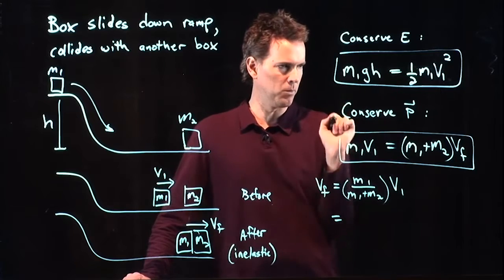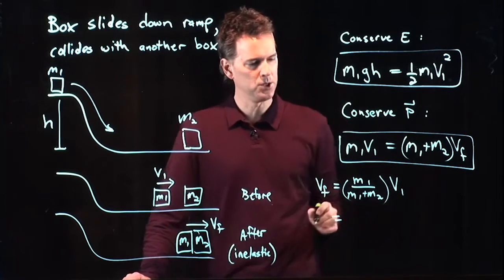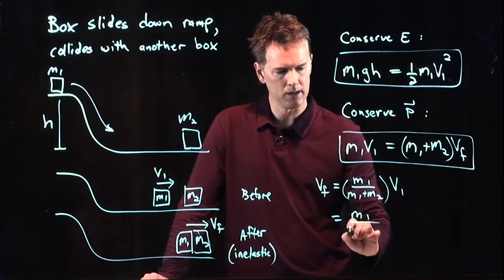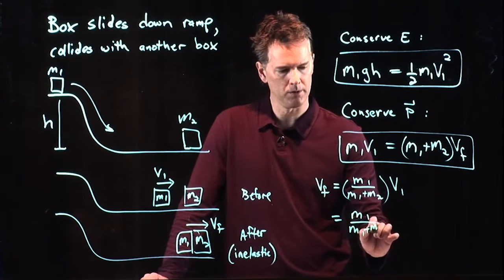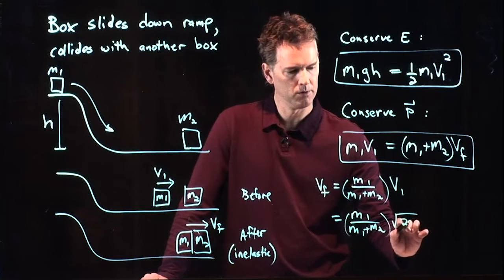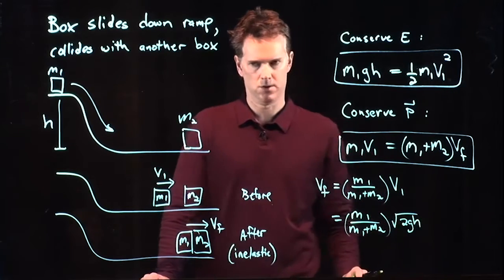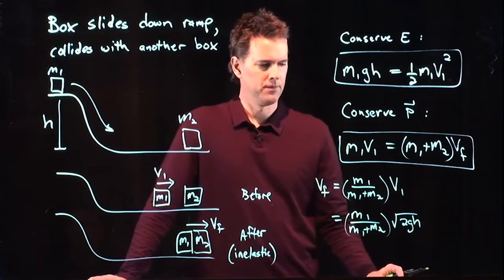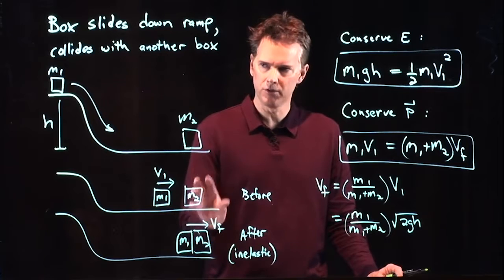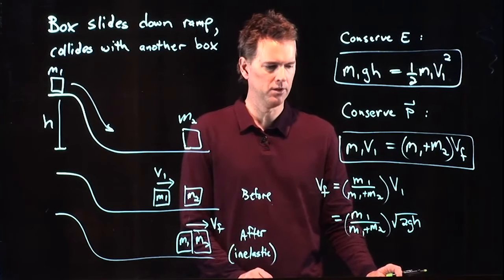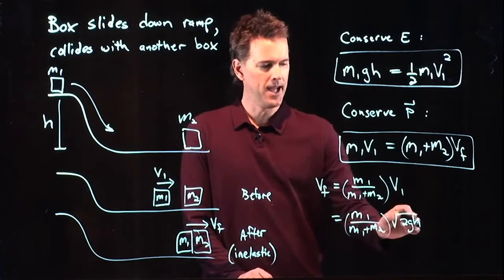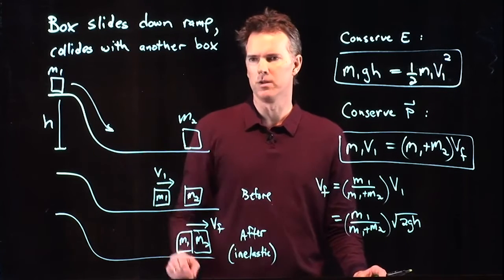I can cross out the M1s, I can multiply by 2, I can take the square root, and so we get the following. M1 over M1 plus M2 times square root 2GH. All right. So that's the final speed of this two-block system after the collision. And all we need to know is the relative masses and the height h that block 1 started from.